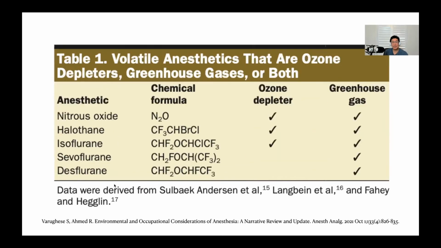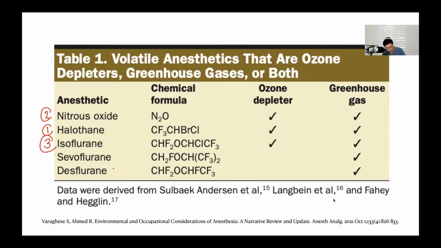And again, this is another summary from this 2021 article, which shows that halothane, isoflurane, and nitrous are ozone depleters. So remember that halothane is 1, nitrous is 2, isoflurane is 3, and that all of them are greenhouse gases. In terms of their global warming potential, Des is the worst.